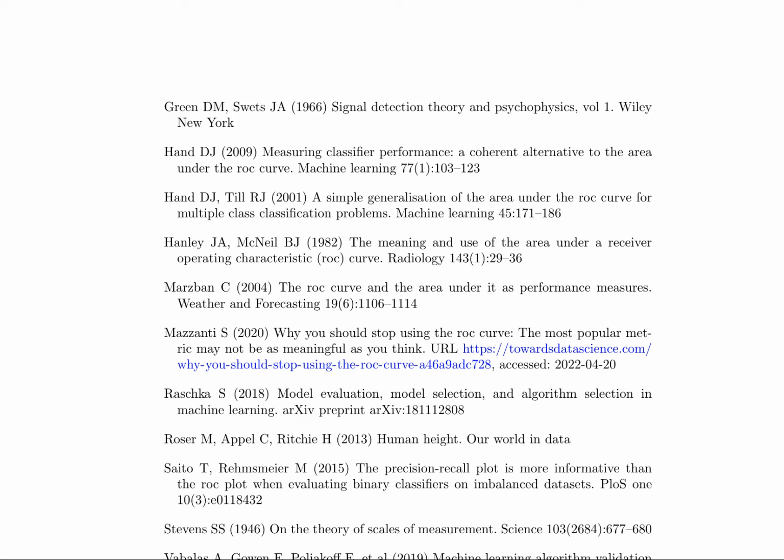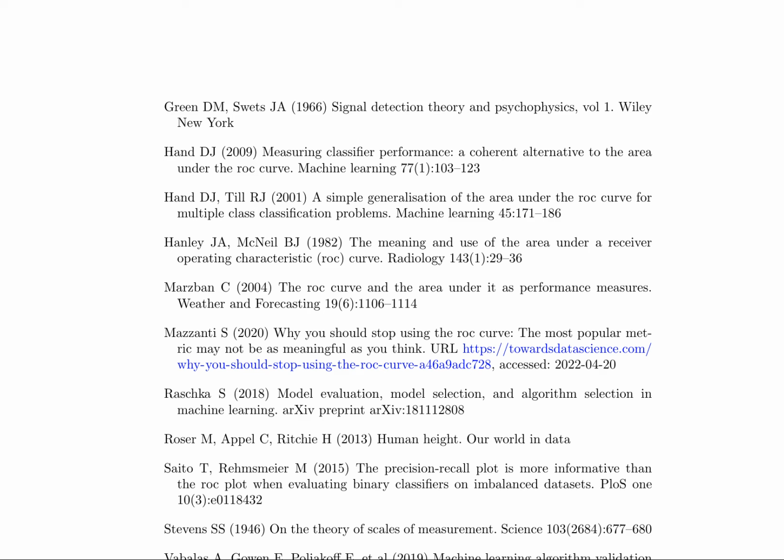Hand, 2009, and Hand and Till, 2001, are cited for their contributions to measuring classifier performance and generalizing the area under the AUROC curve for multiple class classification problems. Hanley and McNeil, 1982, and Marzban, 2004, are referenced for their discussions on the meaning and use of the area under the AUROC curve as a performance measure.